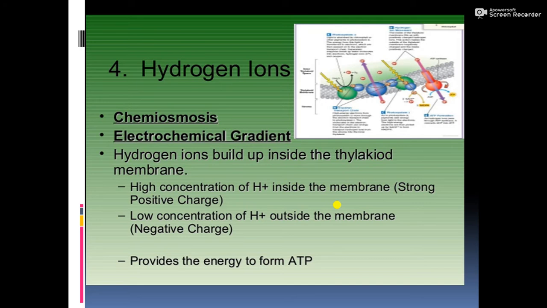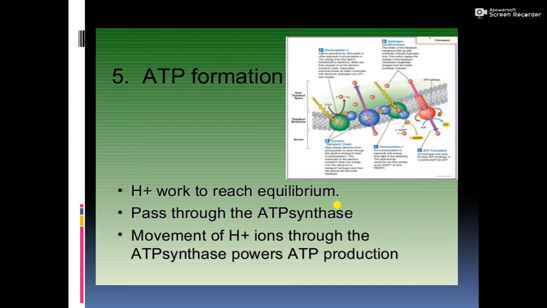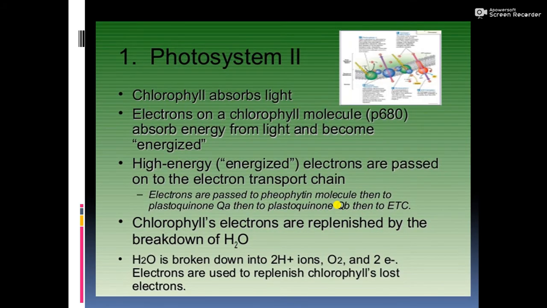That is the cyclic photophosphorylation part of the first light-dependent phase. And next comes the step of ATP formation. Hydrogen ions work to reach equilibrium and pass through the ATP synthase. Movement of hydrogen ions through the ATP synthase powers ATP production.